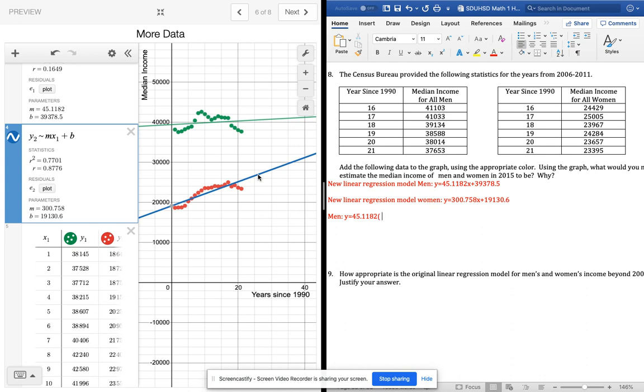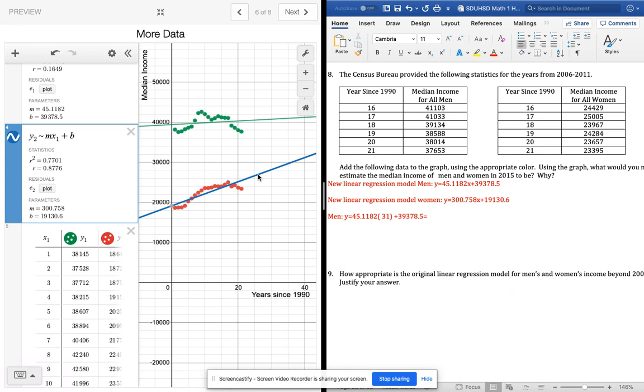What am I going to use for x now? I have 26, 27, 28, 29, 30, 31. So 31 years since 1990, plus 39,378.5.